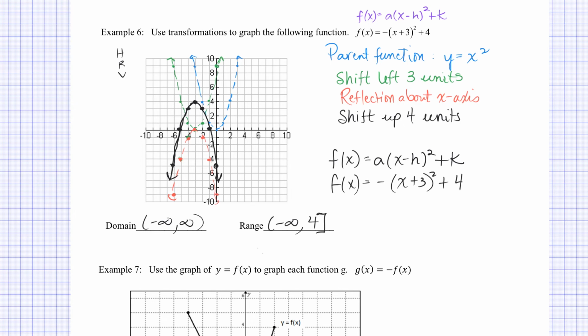Now, what I want you to do is think about where the vertex is on this parabola. The vertex is at negative 3, 4, right?